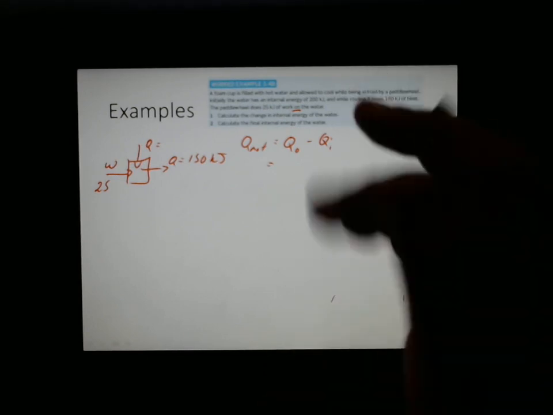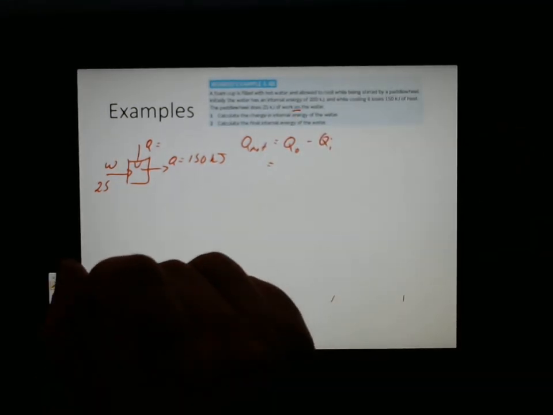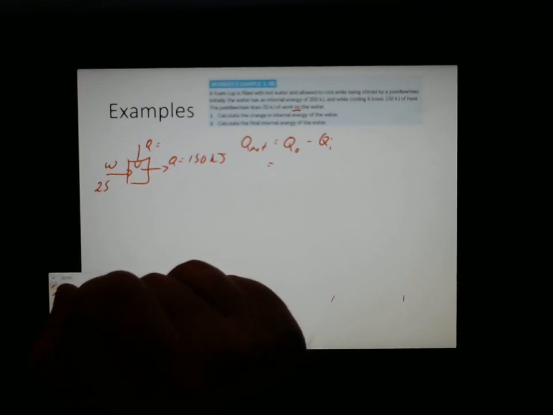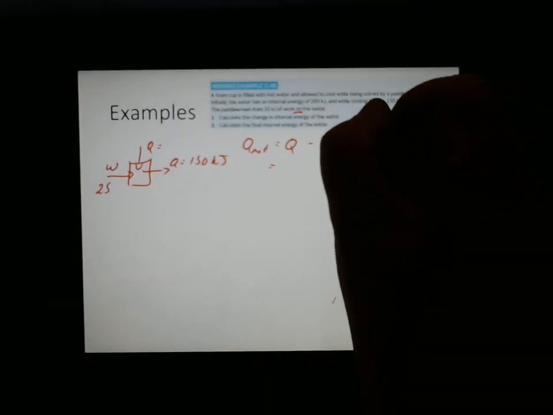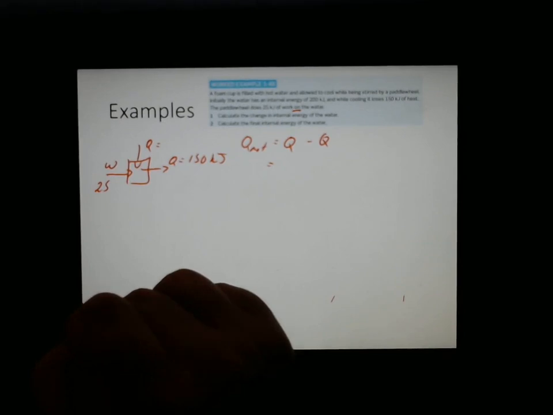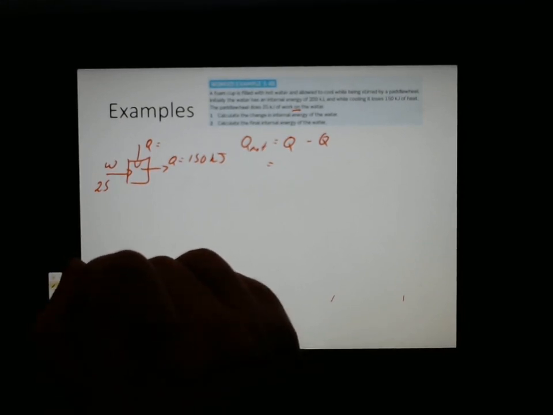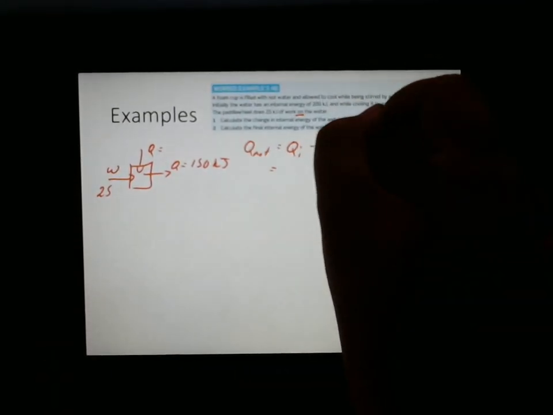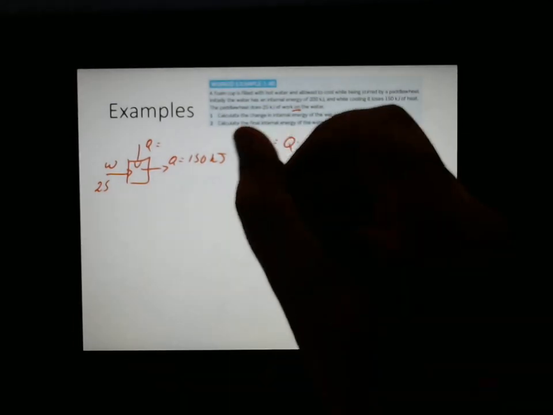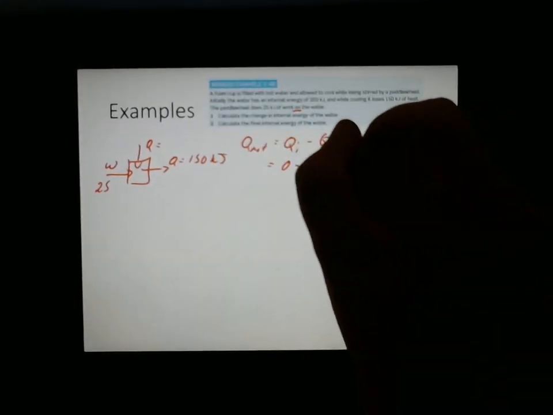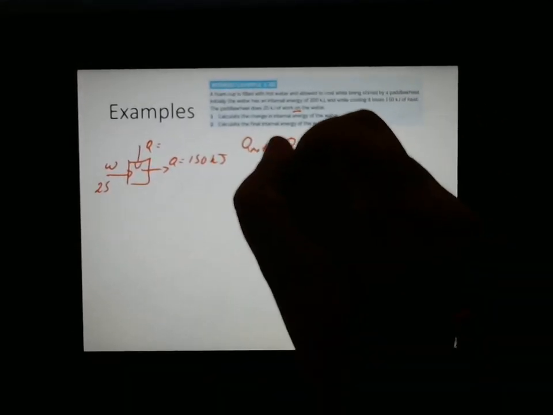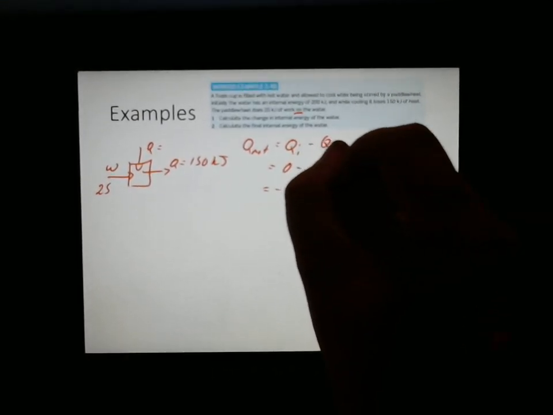Sorry, input take away output. I've got that around the wrong way. Let me just drop those out. Sorry, Q in take away Q out, and so yeah, nothing's coming into it. Take away the 150 gives us negative 150 joules.